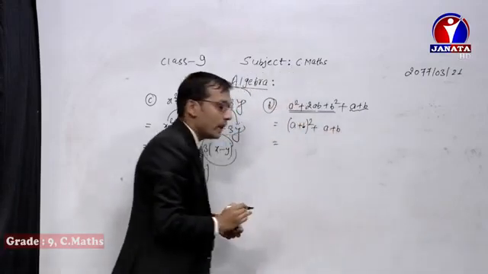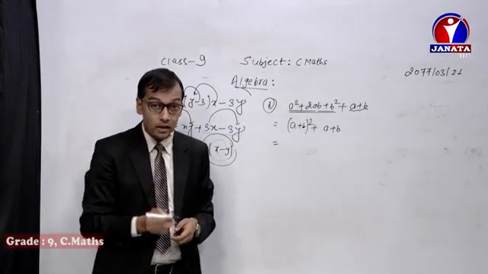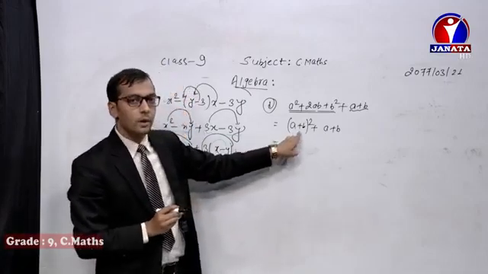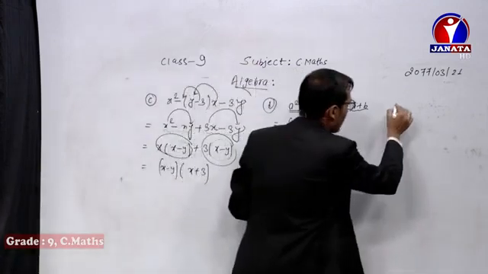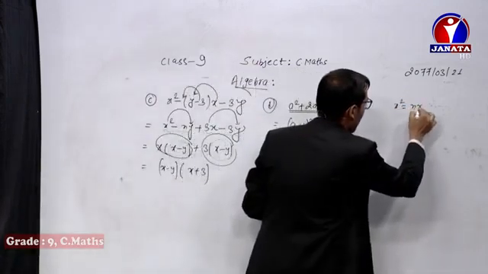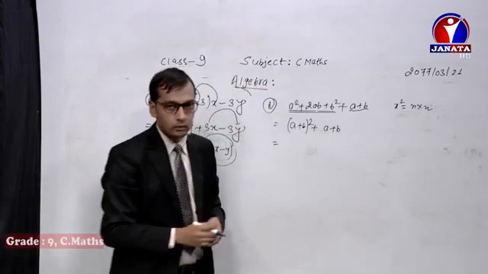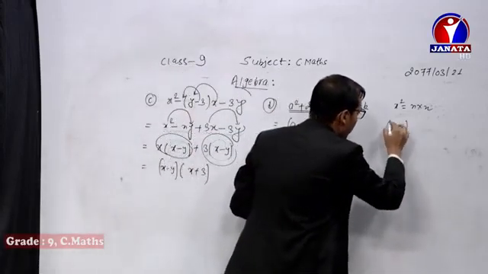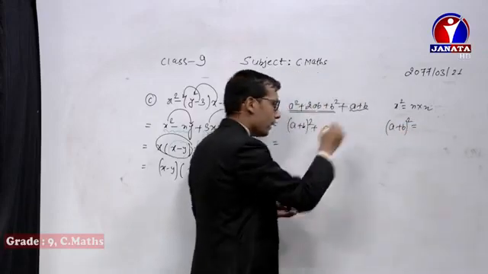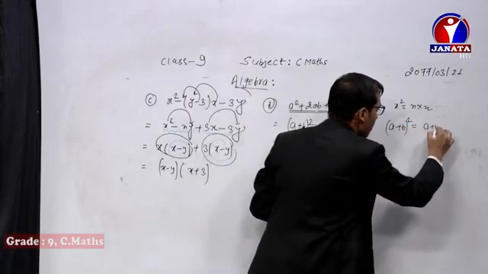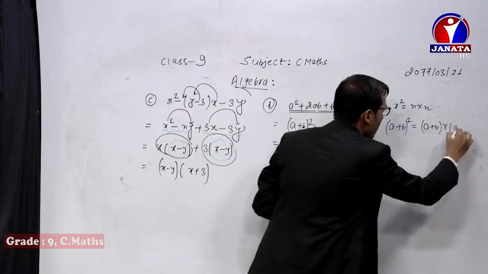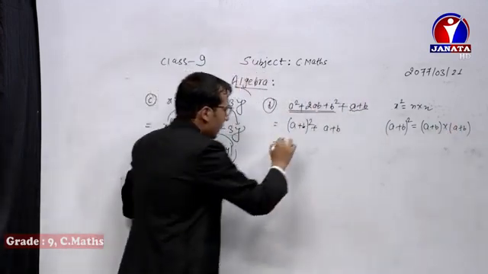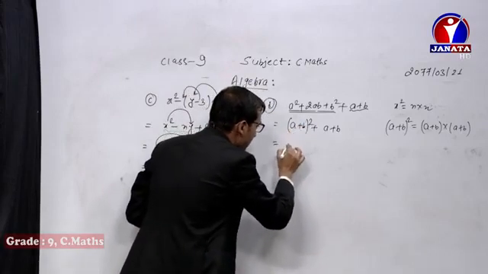Now, what we need to know here is, what are the factors of a plus b whole square? Like what are the factors of x square, x times x, because there are 2 x's. Similarly, what are the factors of a plus b whole square? There are 2, a plus b times a plus b. These are the 2 factors. So let me factorize a plus b whole squared.